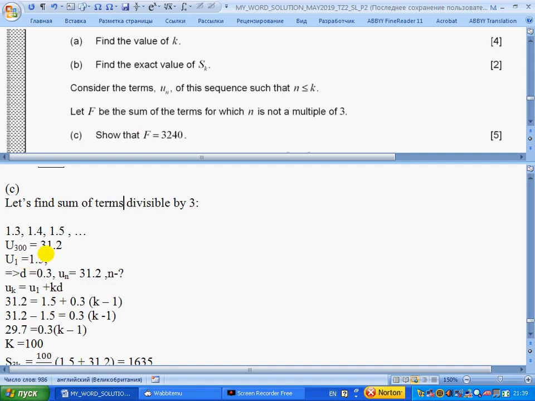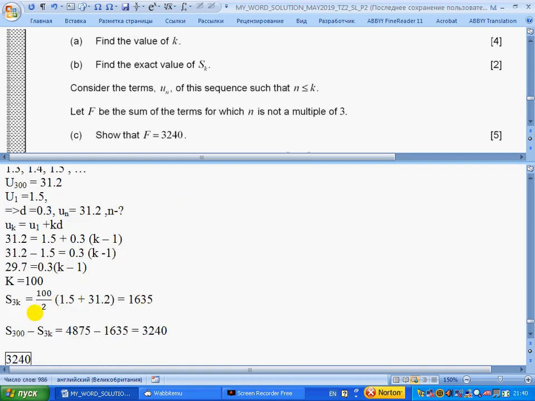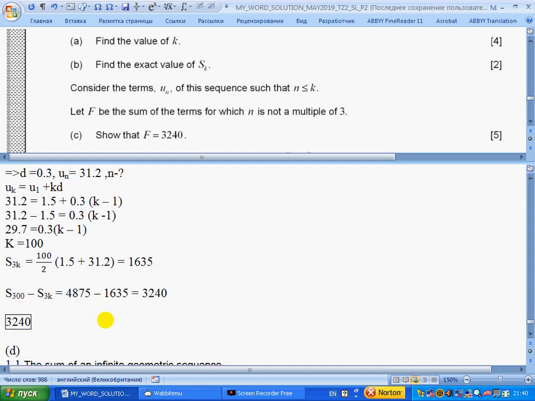So the first such term is 1.5 and the last such term is 31.2. But because we have fewer terms, we should find the number of terms. So we again use the same scheme, and we have 100 terms, and their sum using the formula that we used before, but for the new selection, we get 1635, and the difference will give us what they ask, 3240.